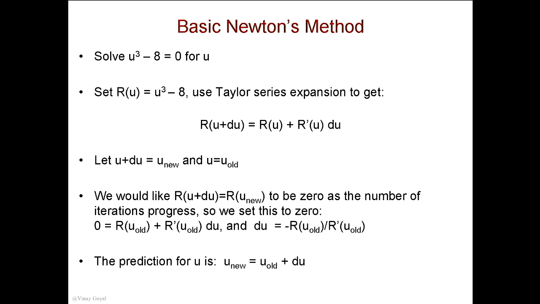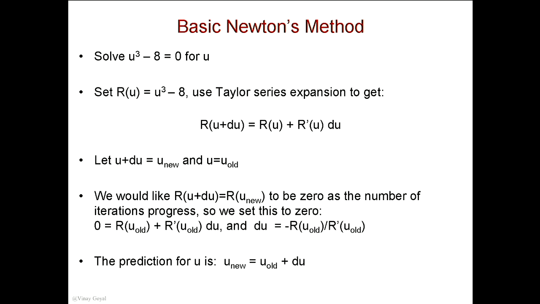So R(u plus du), if I do a Taylor series expansion about u, I get this equals R(u) plus the derivative of R with respect to u times du. You agree with this equation?